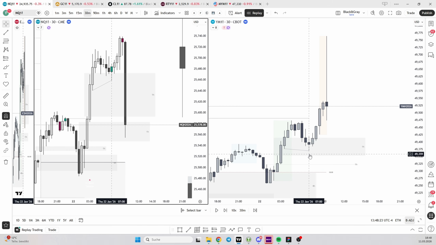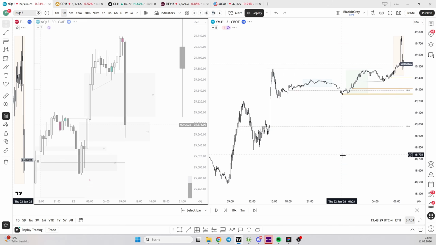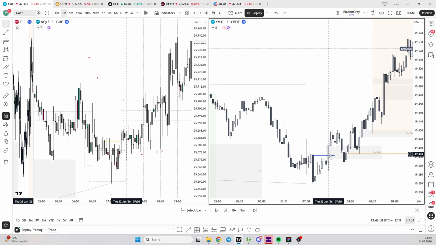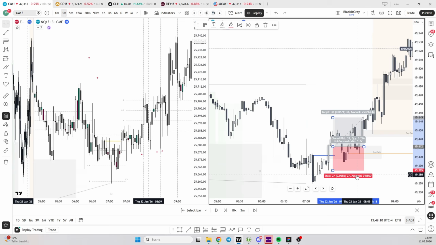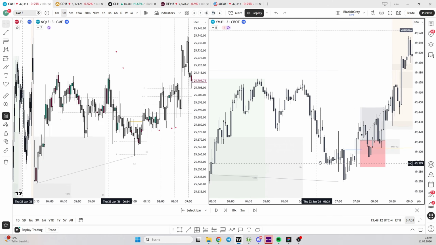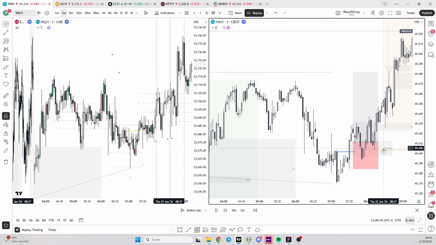This was the trigger to go higher into these relative equal highs. So you drop down to a lower time frame. We got the CSD here with displacement, and then I dropped down to this fair value gap which got created and had a limit entry like this, and I targeted this high, and this was the trade.